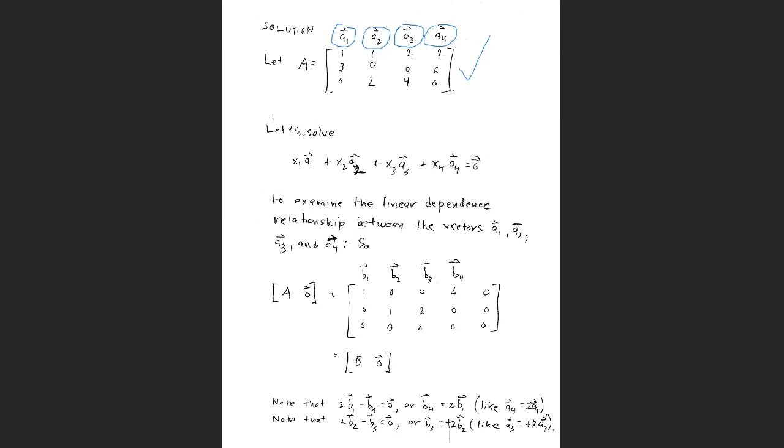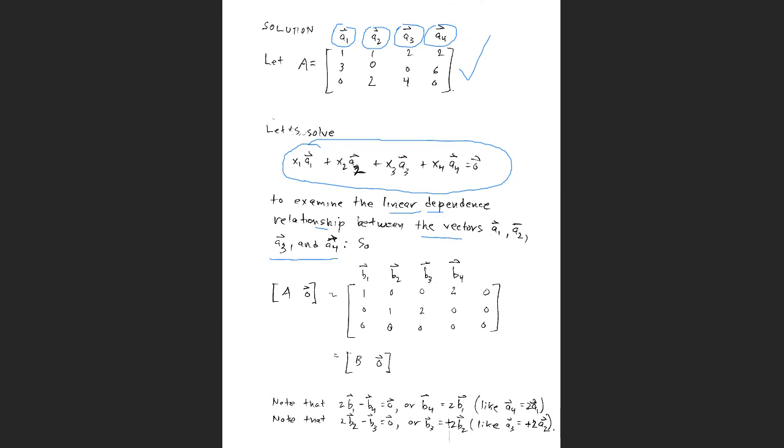And what we're going to do is try to solve this vector equation to examine the linear dependence relationship between these 4 vectors, A1, A2, A3, and A4.